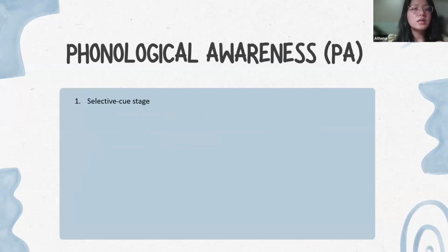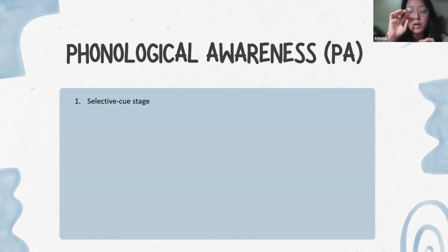Okay. And when students build up their phonological awareness, they have the selective cue stage. At that stage, they start to distinguish the difference. Not only students, but also kids when they are learning new words. When they hear cat and rat, maybe when they are 3 or 4 years old, they will mix up the two words, and they have to repeat and learn, and then they know the difference between cat and rat.